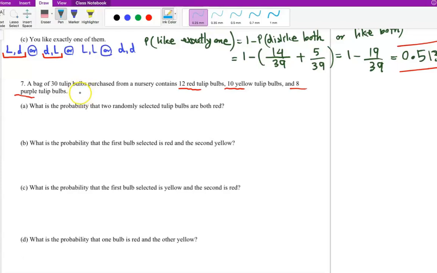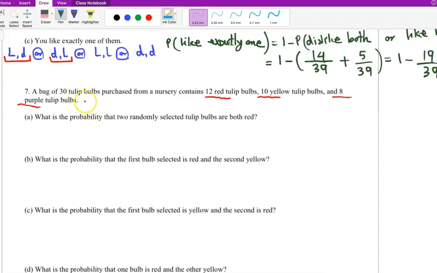So red we have 12, yellow is 10, and purple is 8. So we have these. Now part A, what is the probability that two randomly selected bulbs are both red?